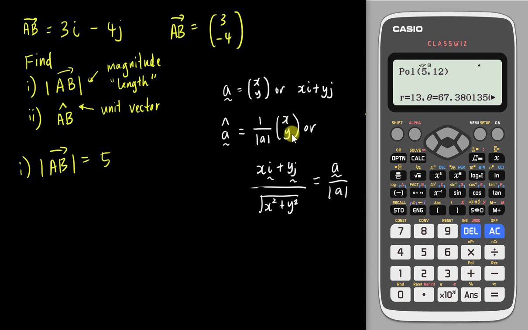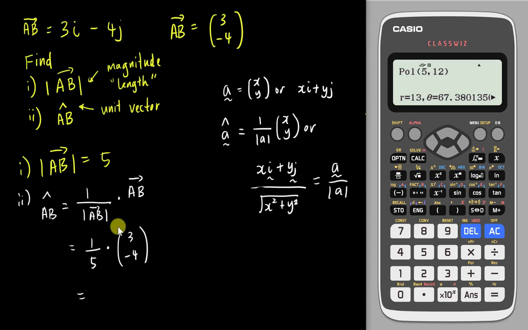Alright, so I'm going to show you the manual way first. If I want to find the unit vector of AB, this is what I will do. The unit vector of AB equals 1 over the length of vector AB, multiplied by the vector AB. The length of AB we already found in part 1, which is 5. So this is 1 over 5 multiplied by the vector AB, which is 3, negative 4.